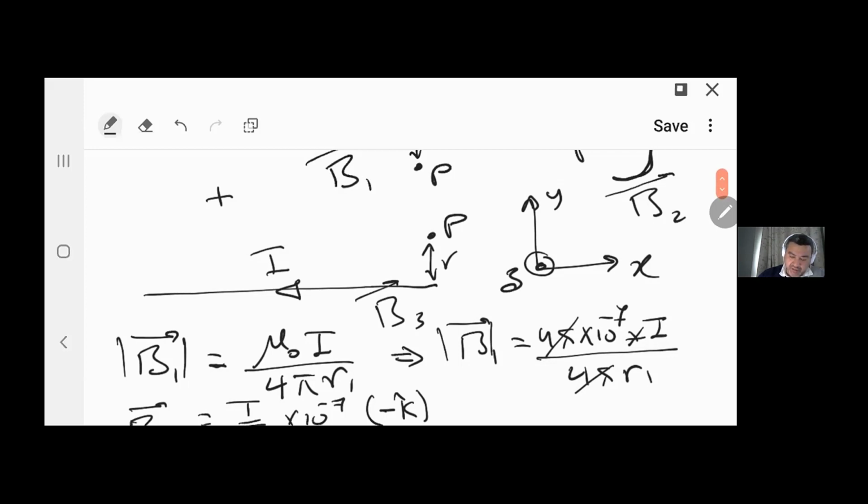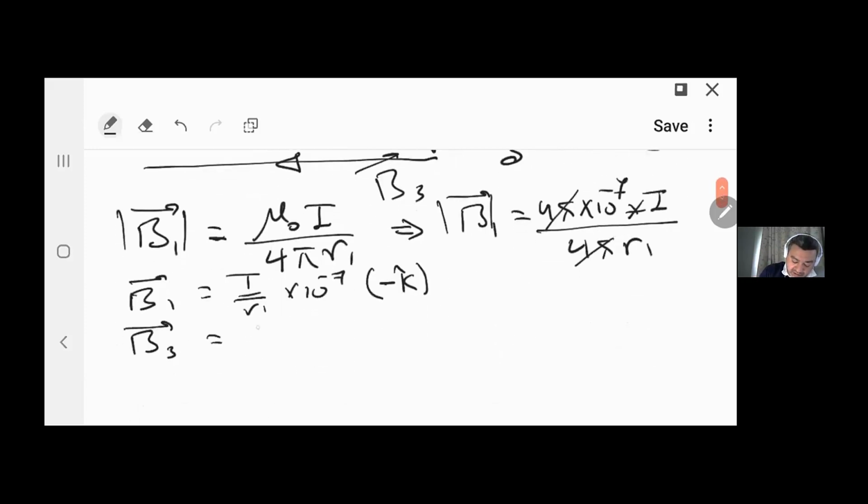For B3, if I have the current going this way, then the magnetic field will be going into the minus K hat as well. And the value would be the same. So this is R3, and as I said, R1 equals to R2 equals to R3. So I'll keep it R1, 10 to the power minus 7, and the direction will still be minus K hat.